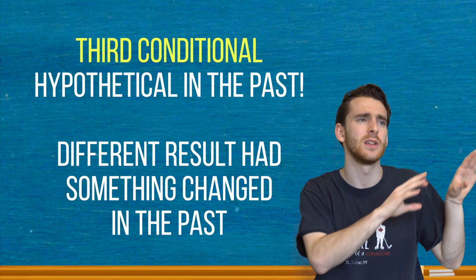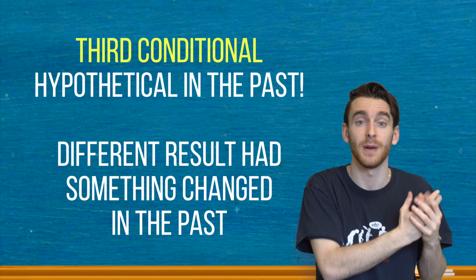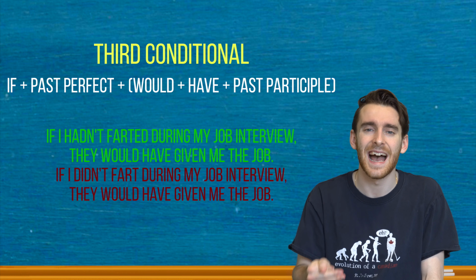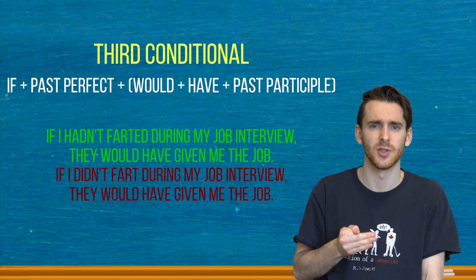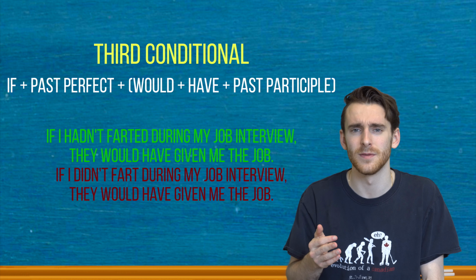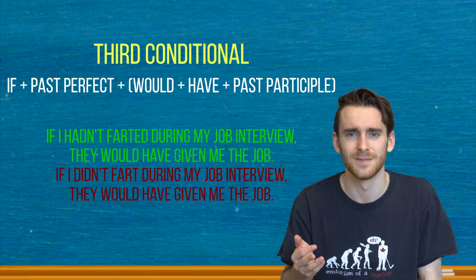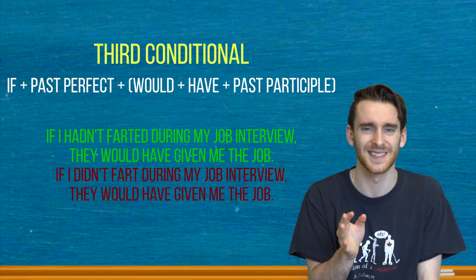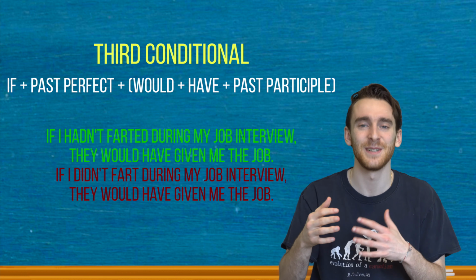Okay, so you want to look back sort of retrospectively on something that happened. So you could say, for example, if I hadn't farted during my job interview, they would have given me the job. Okay, that's a bit of a weird example, but embarrassing, but it's a funny one for you to remember.